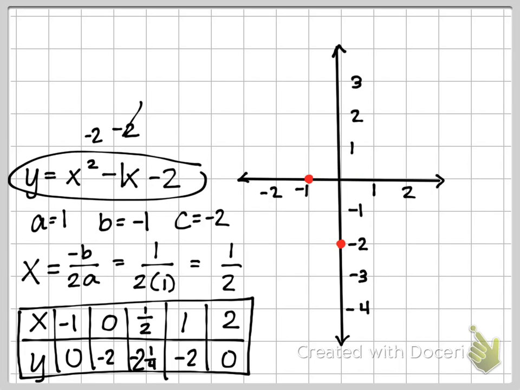I'm going to go down -2 and 1/4. So it's going to be about right there. Because it's halfway. See, there's halfway. And then I've got to go down 2 and then 1/4. Then we have +1 and -2 and +2 and 0.